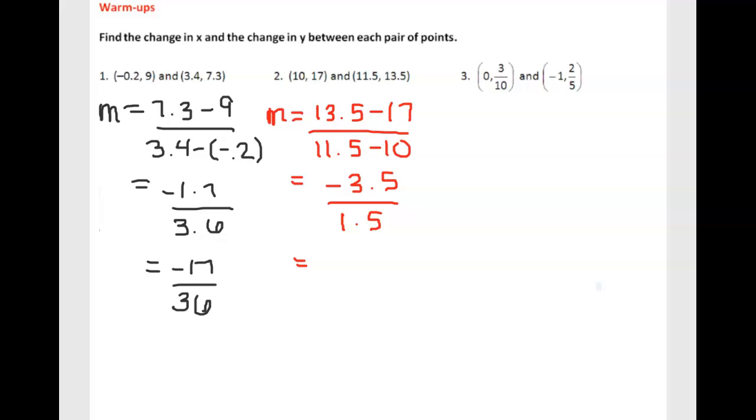So if you type that in on your calculator, you get negative 2.3333 repeating. You do not want a decimal, so you have to hit math, enter, and that would turn it to a fraction. Or you could simplify on your own to have negative 35 over 15. But that reduces because they both divide by 5 to negative 7/3.